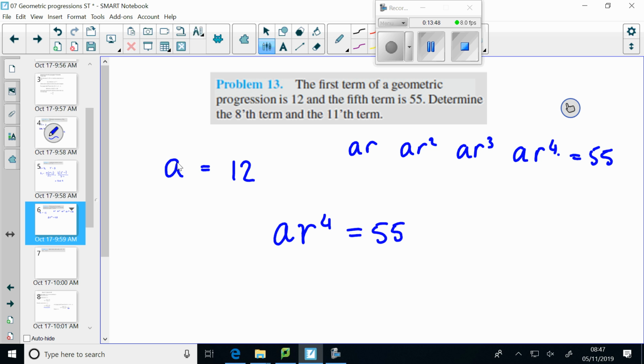What are we looking to find so that we can find out what the 8th and 11th term is? What's the missing piece of the jigsaw? The common ratio r. So we need to rearrange that formula so that we've got r on its own.